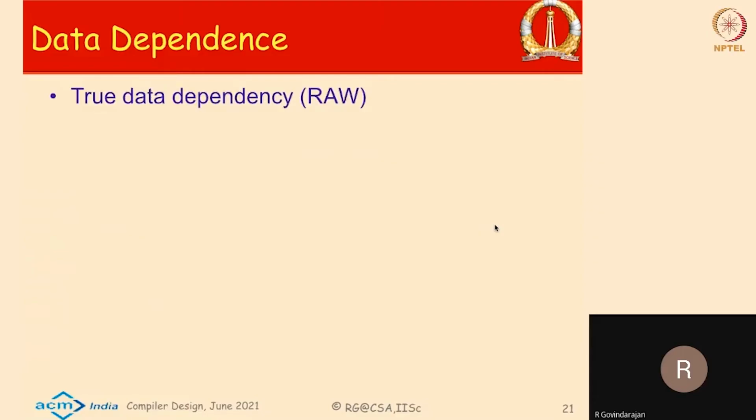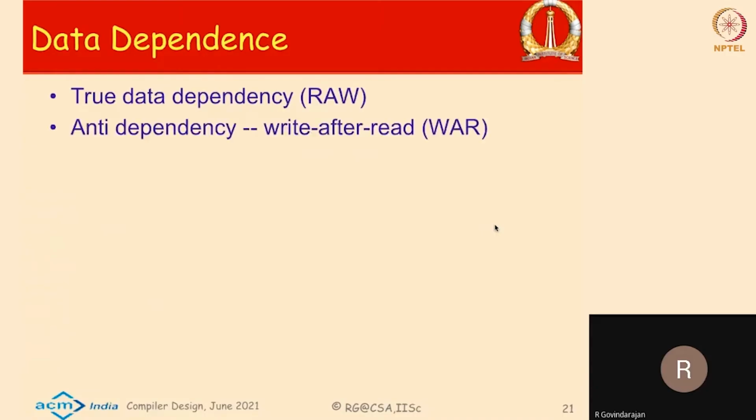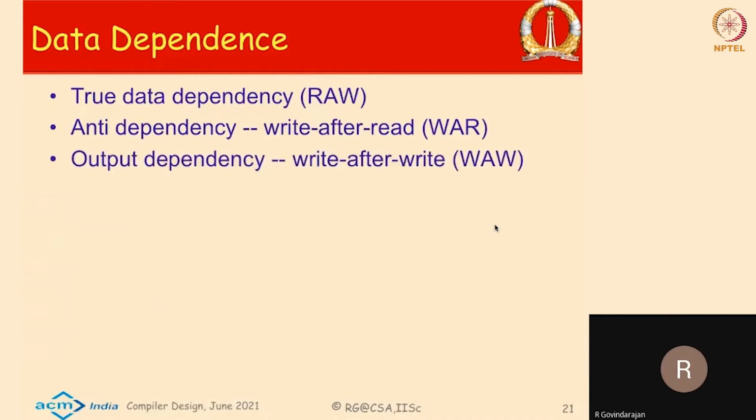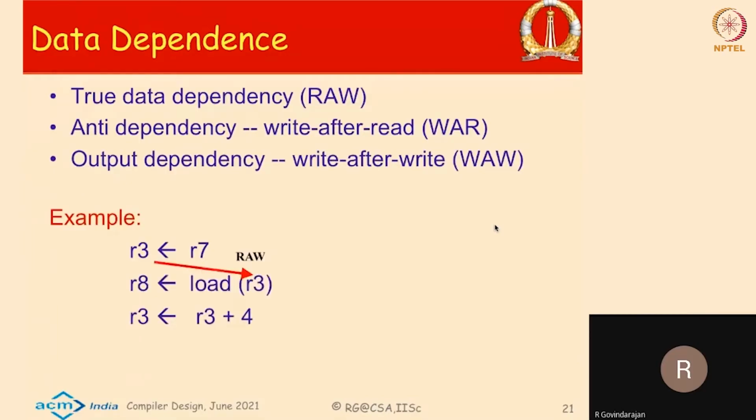Okay, so before we get into that, let me quickly introduce dependencies, what are called true dependency, anti-dependency and output dependency. Let me illustrate this by means of this example here. So here we have a sequence of instructions, right?